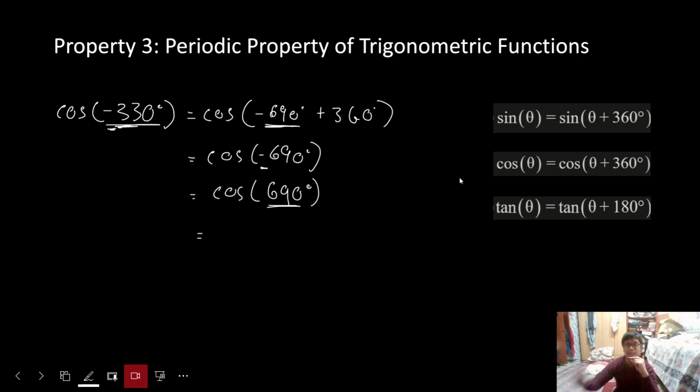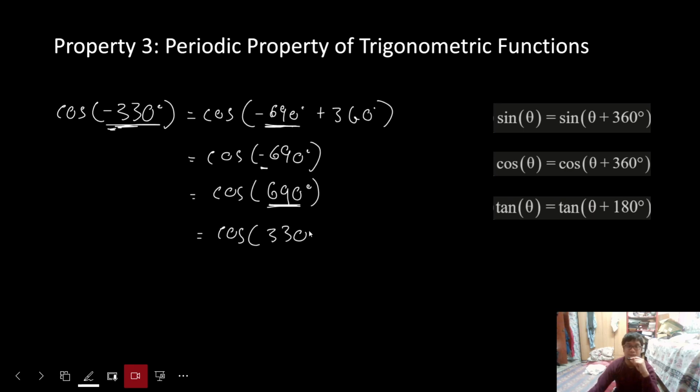Now we can apply the periodic property again. If I think of an angle where, if I add it with 360 degrees, the result would be 690 degrees, that would be 330 degrees.